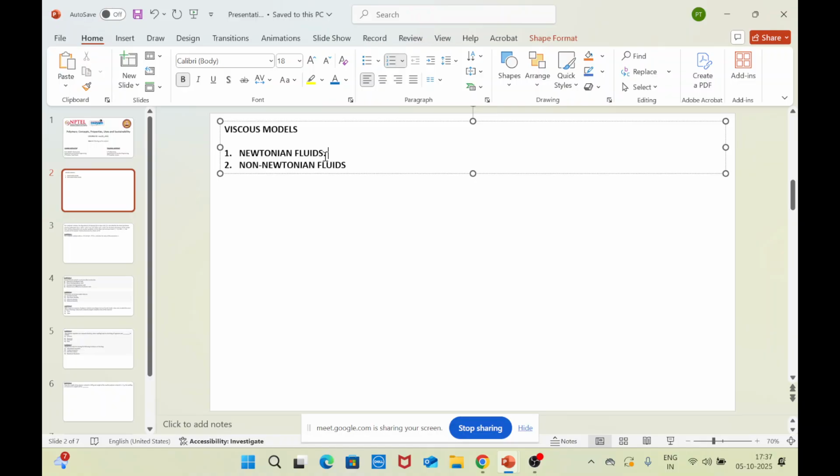The first one is your Newtonian, and the second one is your non-Newtonian fluids. In case of Newtonian fluid, they are going to obey Newton's law of viscosity. In case of non-Newtonian, it is not going to obey. Because the Newtonian fluids are the ones that obey Newton's law of viscosity, can anyone tell me how that is mathematically represented?